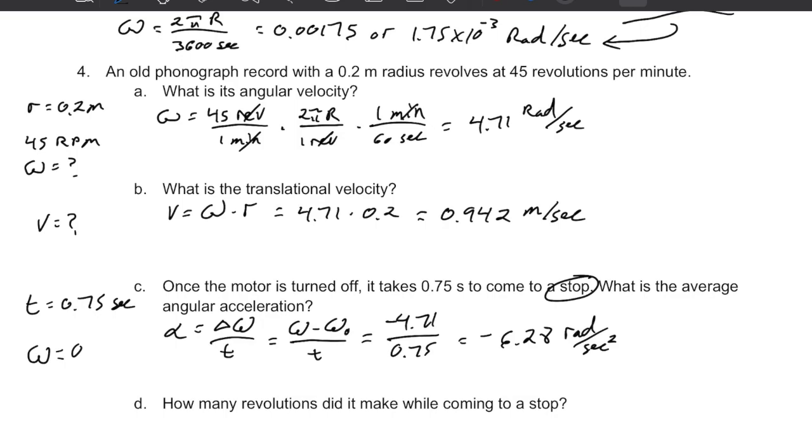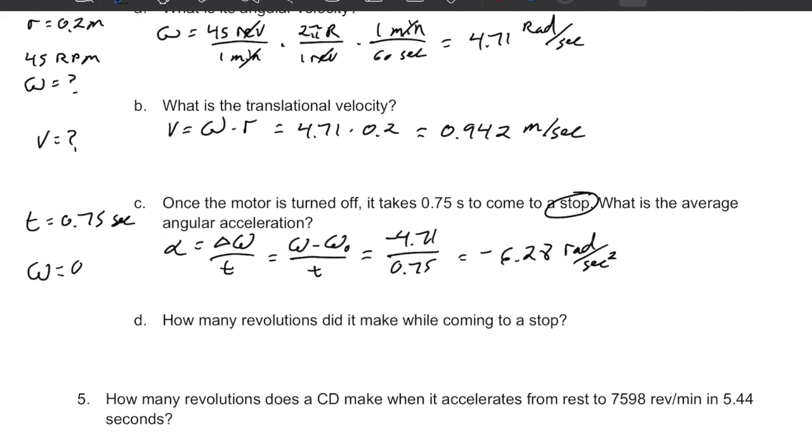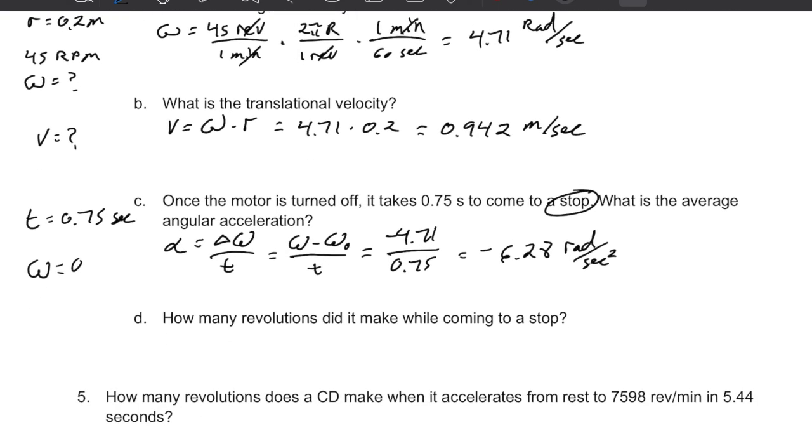How many revolutions did it make while coming to a stop? Well, revolutions and radians are related. We can go from one to the other because one revolution is 2 pi radians. If they're asking for revolutions, if we can solve for radians, we can then convert to revolutions.